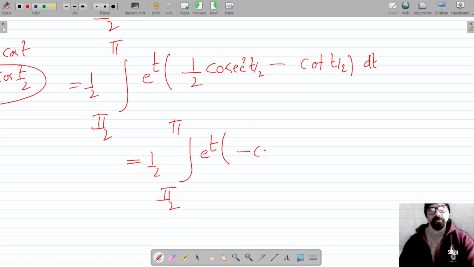So this is cot t by 2 plus half cosecant square t by 2 into dt.